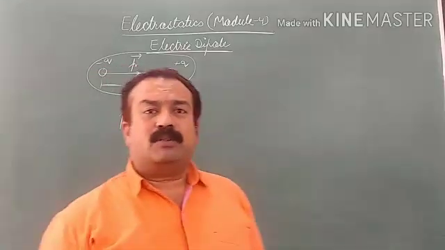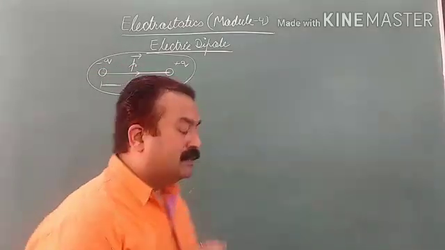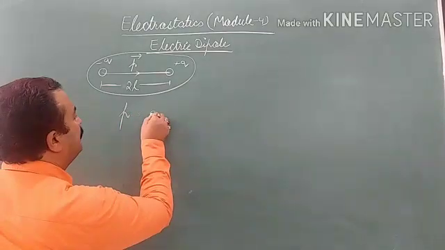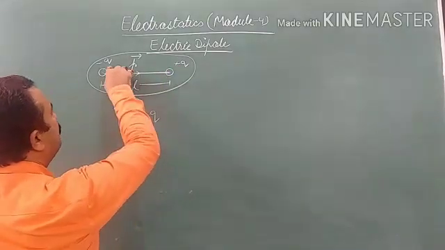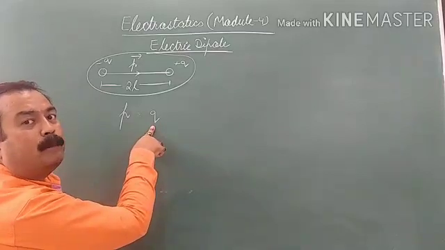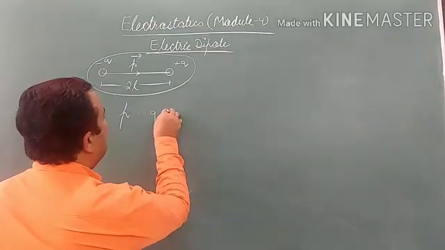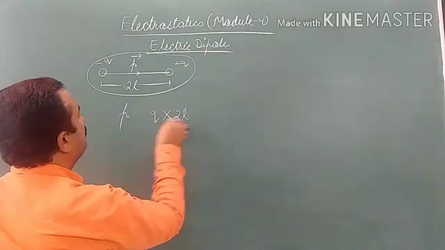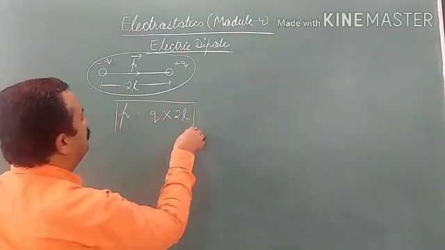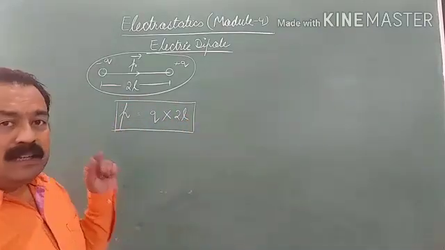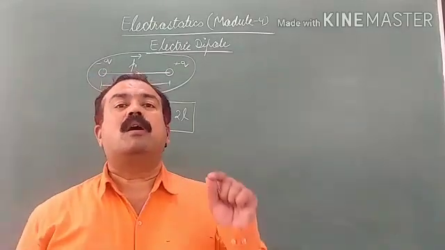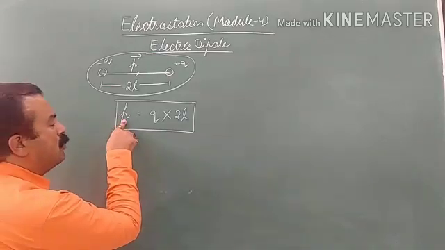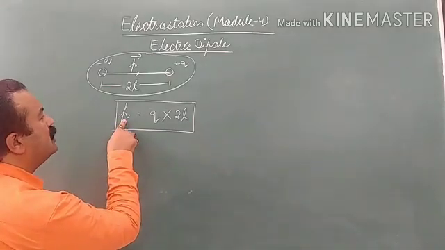The expression of electric dipole moment is the magnitude of either charge, maybe this or maybe this, because we have to take the magnitude, multiplied by 2L. So this is the expression for electric dipole moment, and electric dipole moment is a vector quantity.